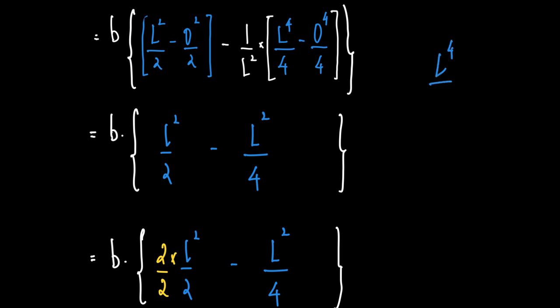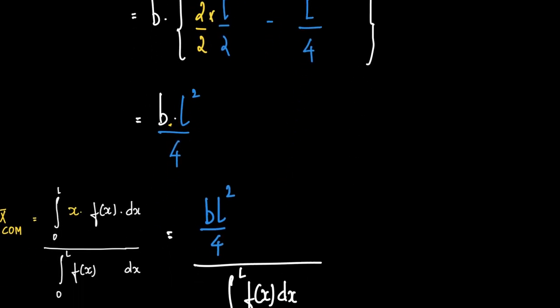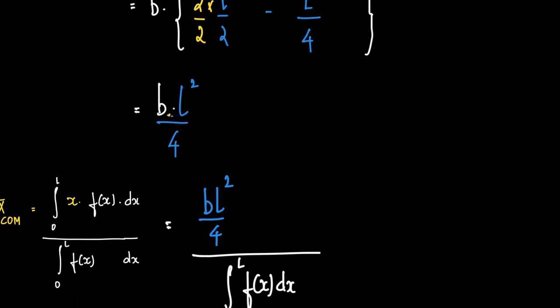L raised to 4 by L raised to 2 is L raised to 2, so it is L square by 2 minus L square by 4, which is 2L square by 4 minus L square by 4, which gives us b into L square by 4.